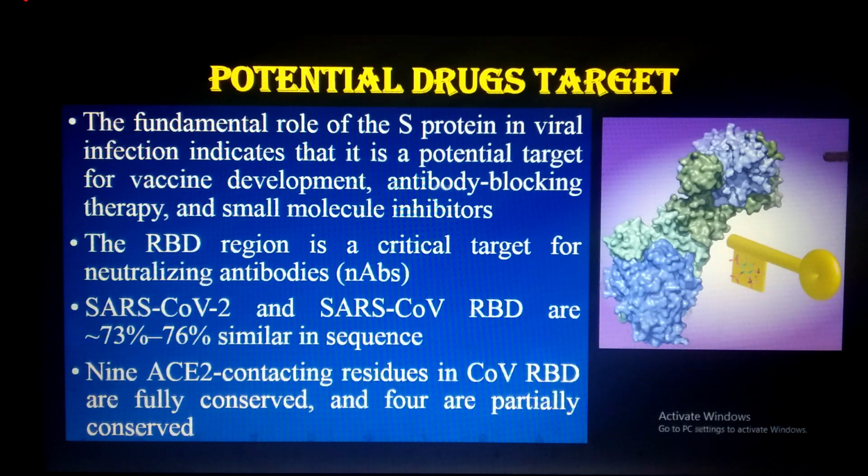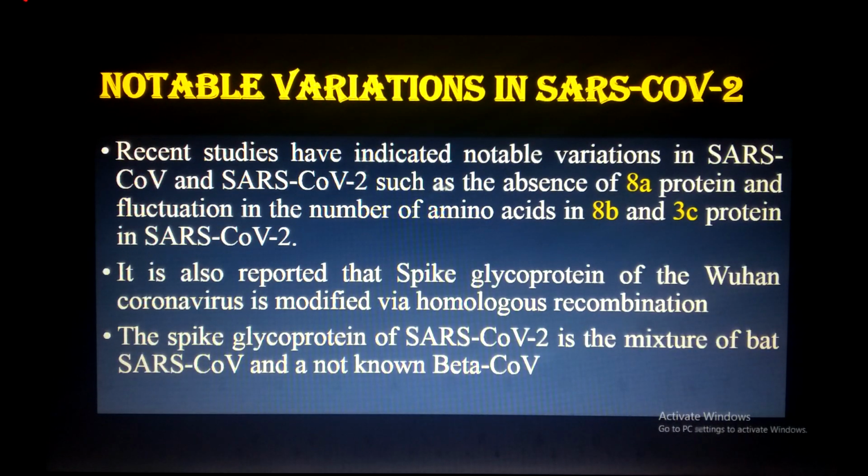RBD, which is the receptor binding domain, helps in the attachment and fusion of the coronavirus with the ACE2 receptor on the host cell. Is it clear now? Now, I hope the concept is clear. Now, the notable variation in SARS coronavirus 2.